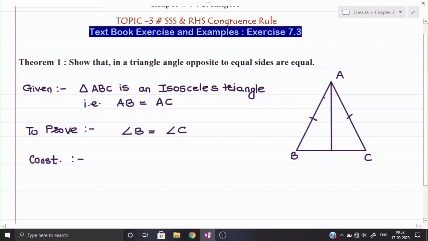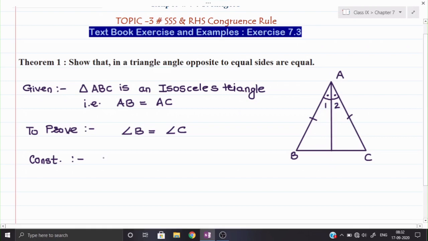There are two equal parts: this is one of the equal parts and this is the other equal part. We can give the names of these two angles as angle 1 and angle 2. So we can say that angle 1 and angle 2 are equal because both are equal parts of angle A. That construction we have done here.